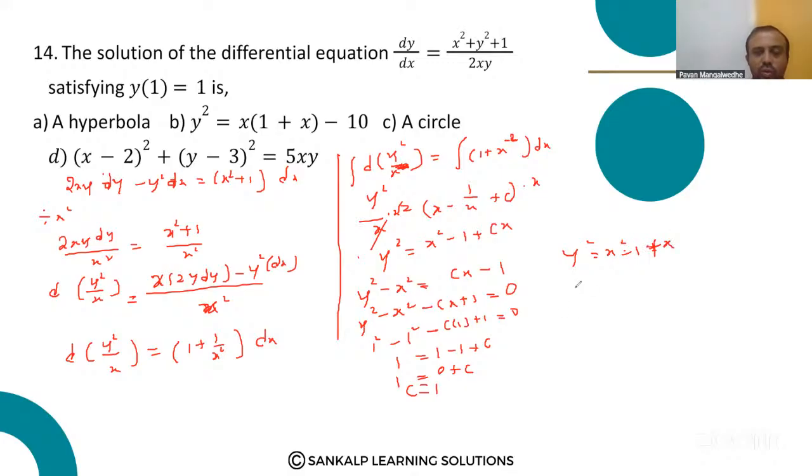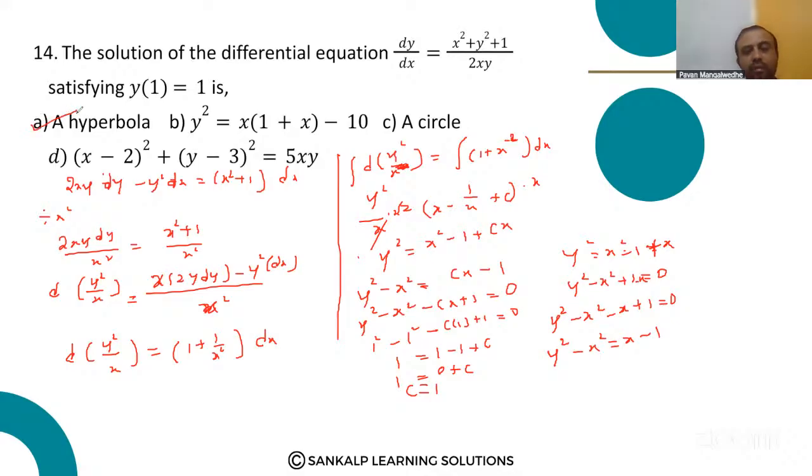Transposing, finally it is y square minus x square minus x plus 1 is equal to 0. Rearranging, y square minus x square, minus x becomes plus x, plus 1 becomes minus 1.